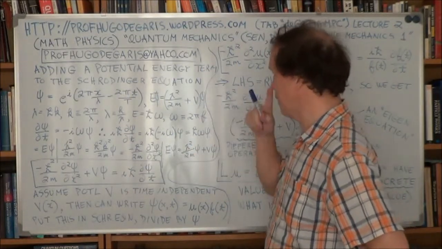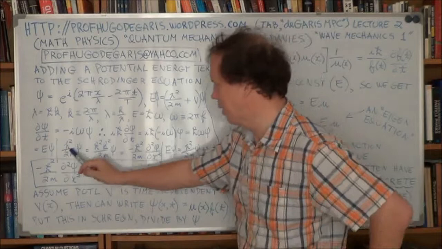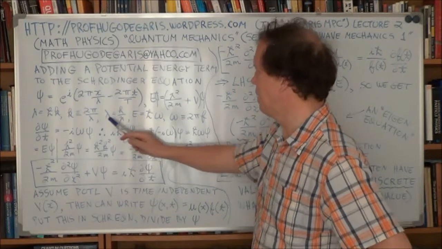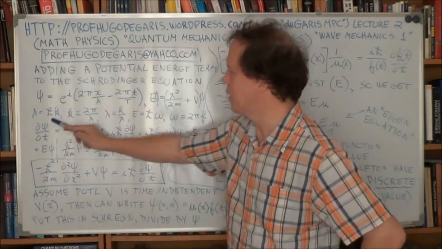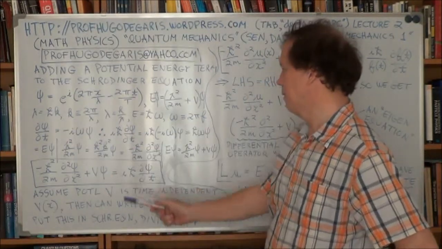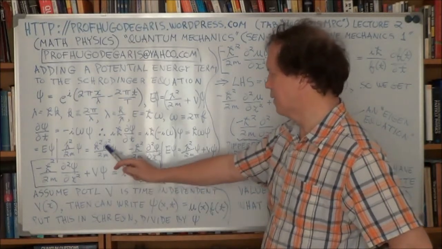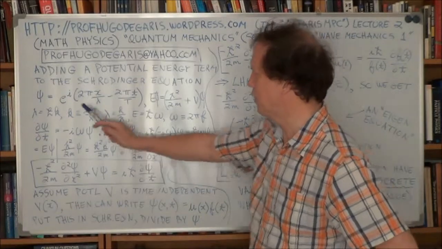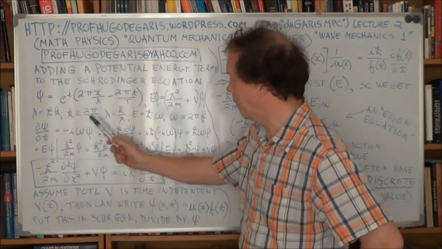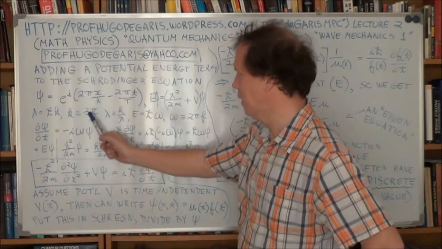Now let's try to find p squared over 2m times psi. So where are we? P squared over 2m times psi. Well, p squared from the de Broglie relation is this. P squared is just h bar squared k squared, right, from here. So you've got that, but this k squared psi, if you differentiate this psi function with respect to x twice, so 2 pi over lambda is k, right?